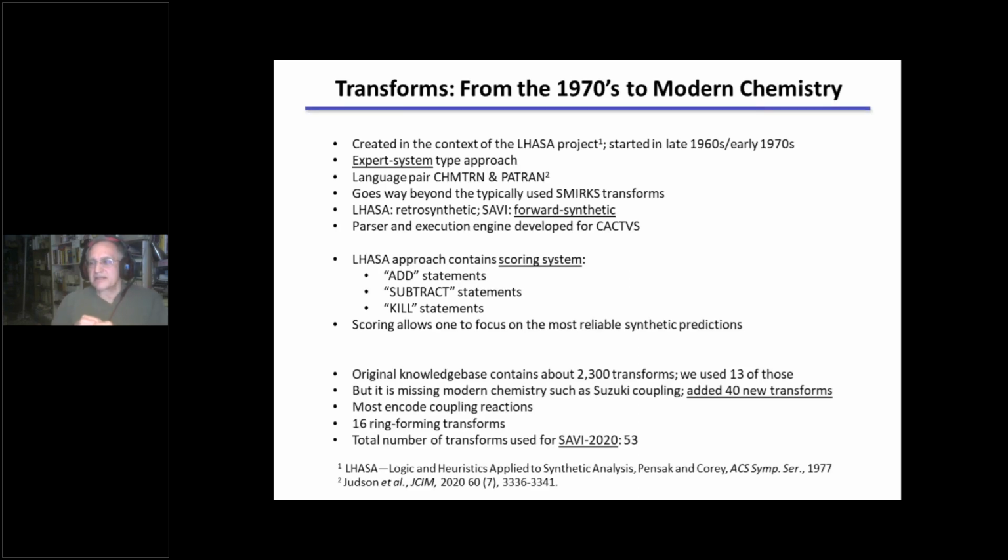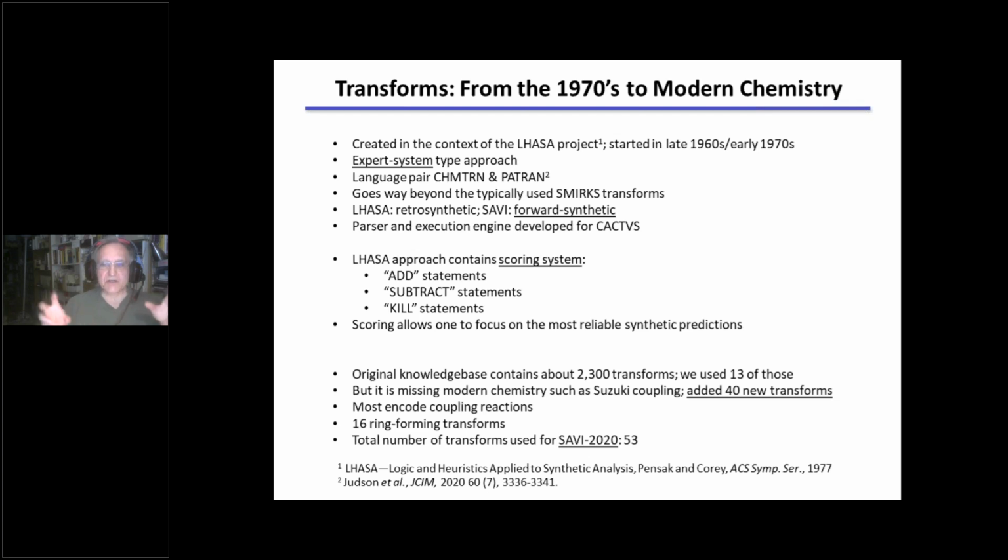Now, these transforms, let me spend a minute on it. This is essentially a revival of the LHASA technology. That was the computational embodiment of E.J. Corey's retrosynthetic Nobel Prize winning work. Very importantly, it's an expert system type approach.